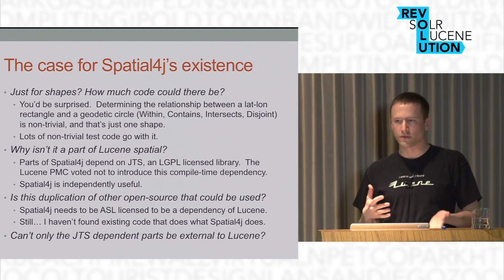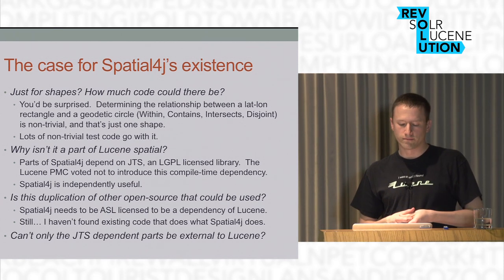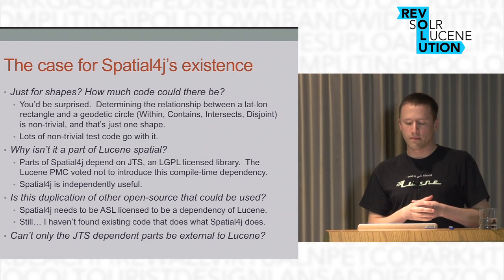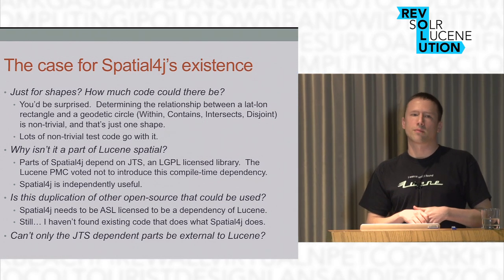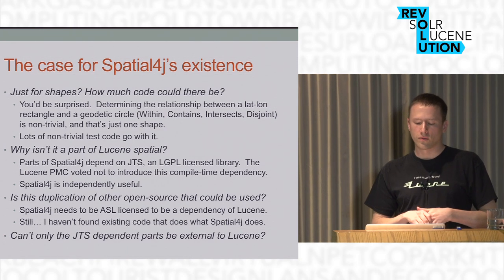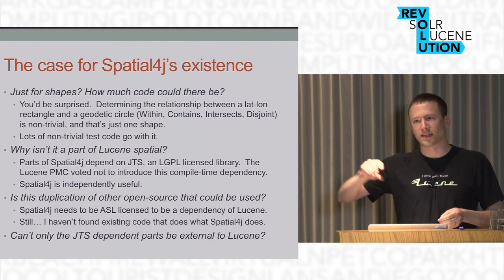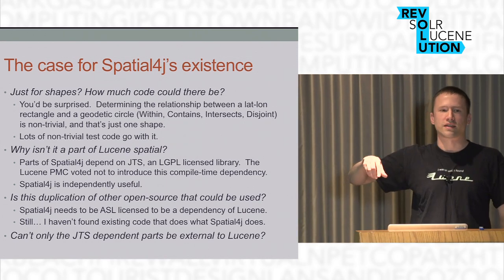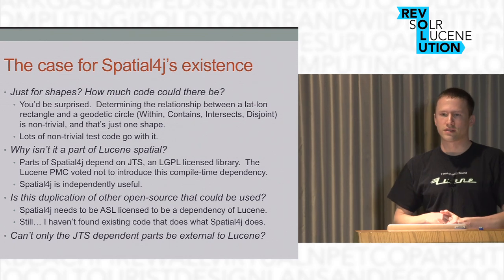Some people fall on different sides of that line. So it was established at some point in time that Lucene was not going to have a dependency on LGPL code. But it can depend on an ASL-licensed project, which in turn does have that, and that project is not an ASF project. Hence this thing is independent.